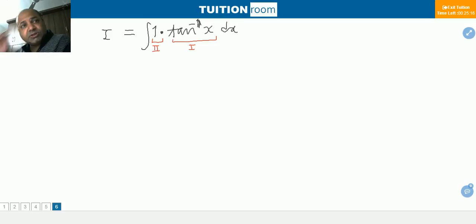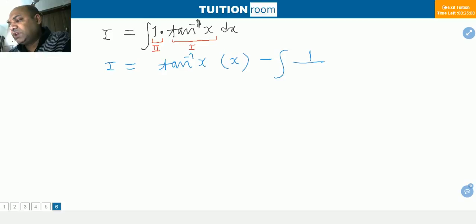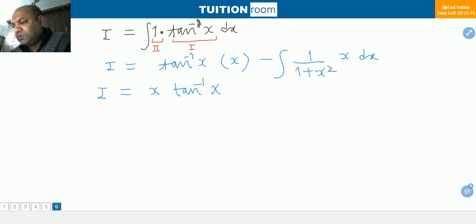I'm going to make a substitution. Put 1 plus x square equal to t. Now 2x dx will be equal to dt, so x dx will be half dt. Now we can write x into tan inverse x minus half integral of 1 upon t dt.